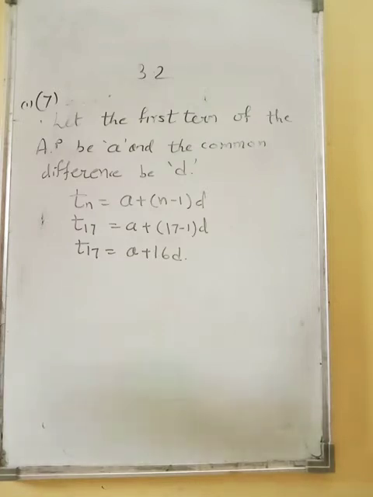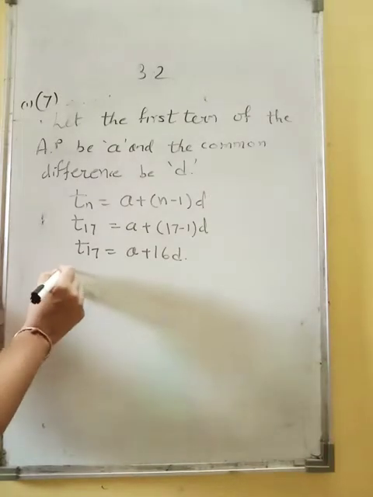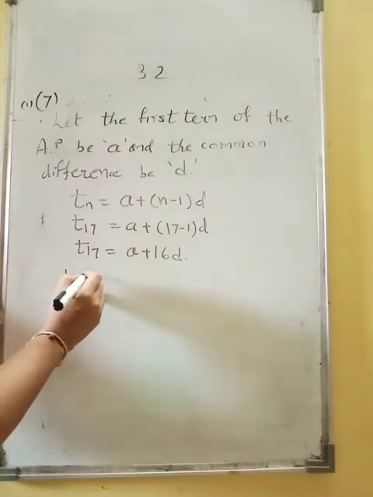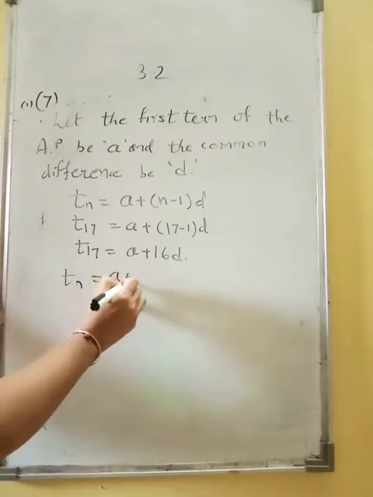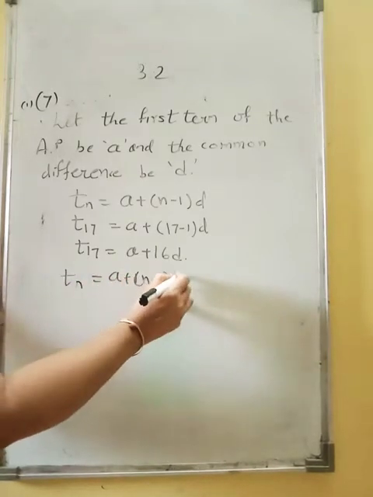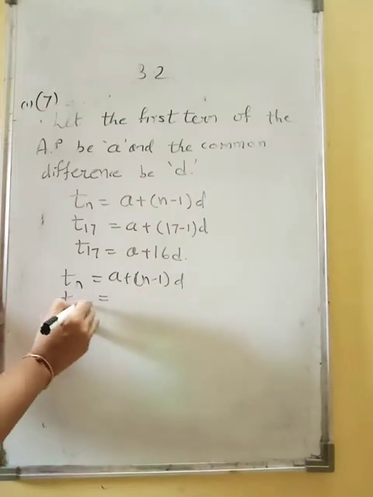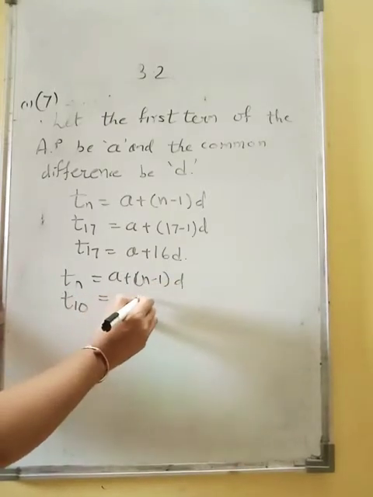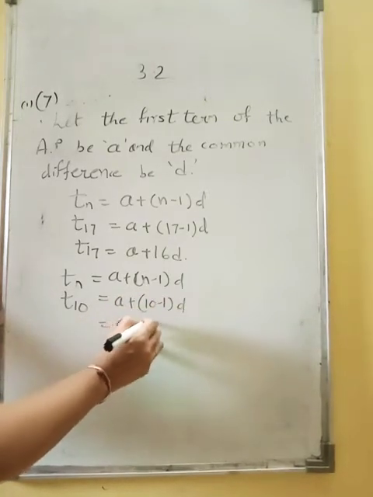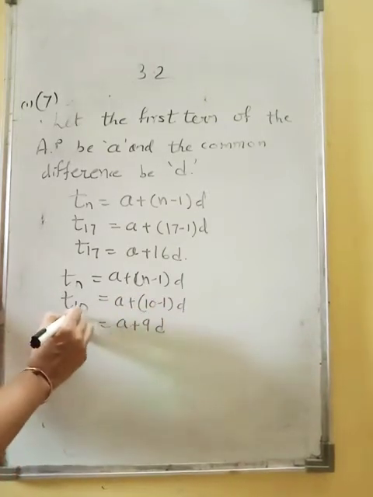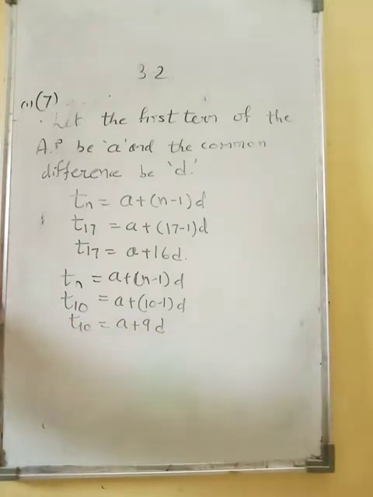So what is the 10th term? Let us do that also. We write down Tn first. Tn is equal to a plus n minus 1 into d. So T10 is equal to a plus 10 minus 1 into d. So that is a plus 9d. This is what T10 is. So T10 is equal to a plus 9d. Correct?